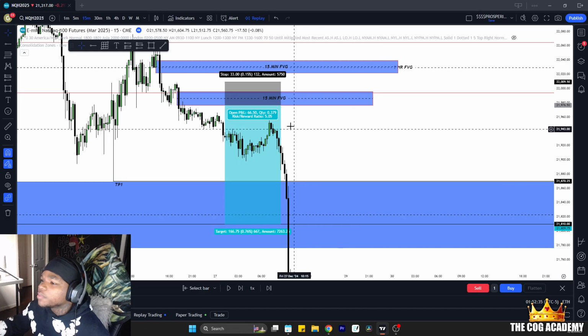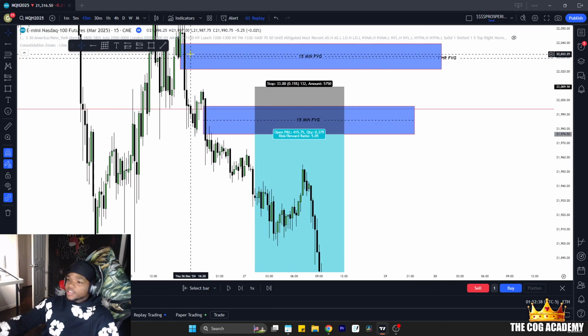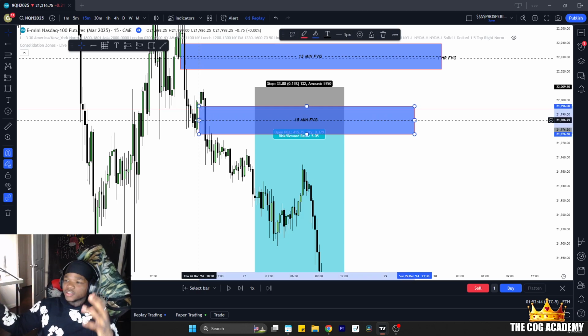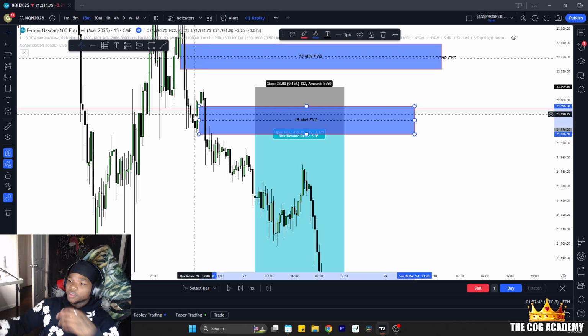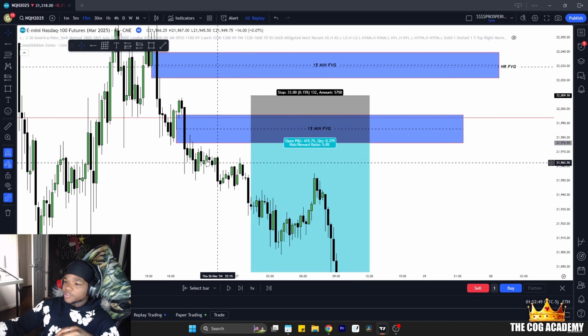So if me being mindful and saying, okay, we might not tap all the way up into this fair value gap, it created another fair value gap. And just being more conscious that another fair value gap could get made, even though it didn't touch into this one. It made a new fair value gap, tapped into it with this wick right here.